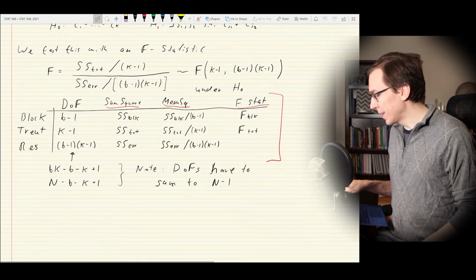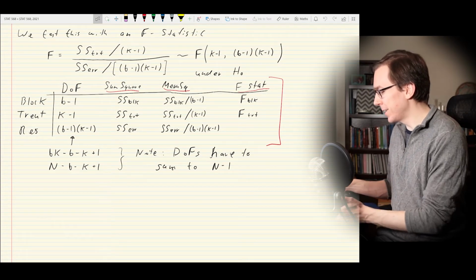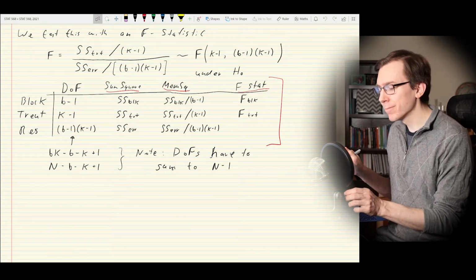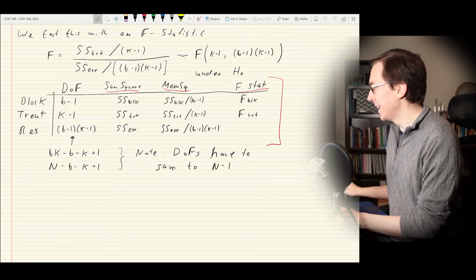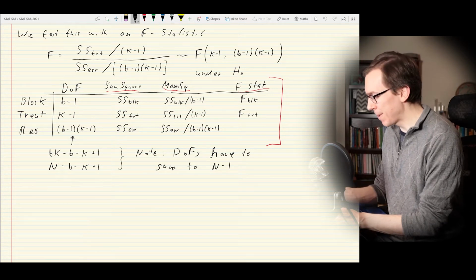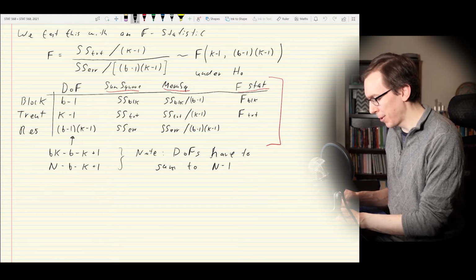Right, so that's more or less the quick overview of the ANOVA table for the complete randomized block design. Now, what I want to do is first just mention something about multiple comparisons and the post hoc test.